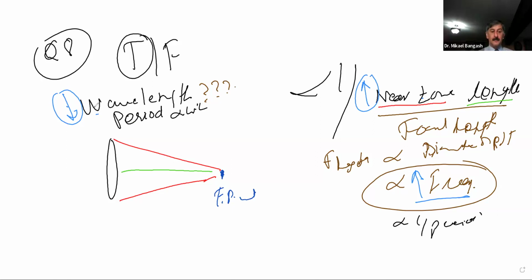So even if we talk about the relationship between period and the near zone length, they would also have been inversely proportional. Did you guys get that?